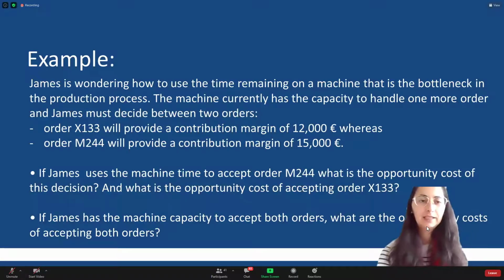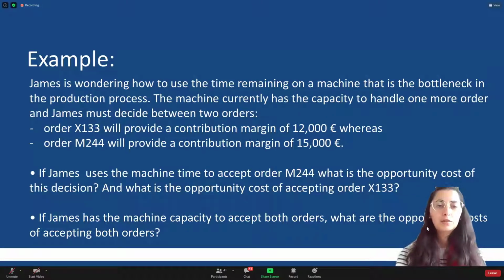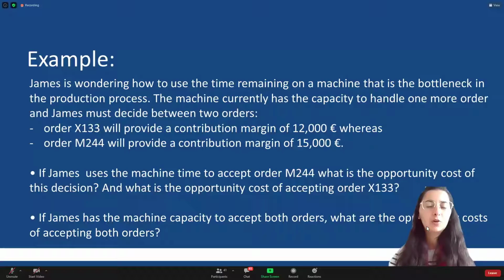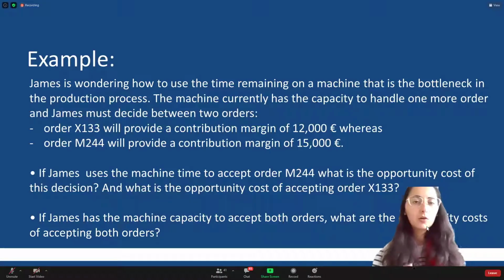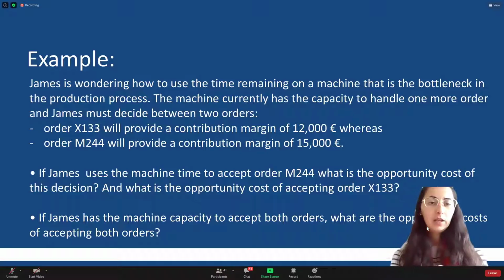Let's look now at this example. James is wondering how to use the time remaining on a machine that is the bottleneck in the production process. The machine currently has the capacity to handle one more order, and James must decide between two orders. So there's only capacity for one order, and he has two orders to decide between.